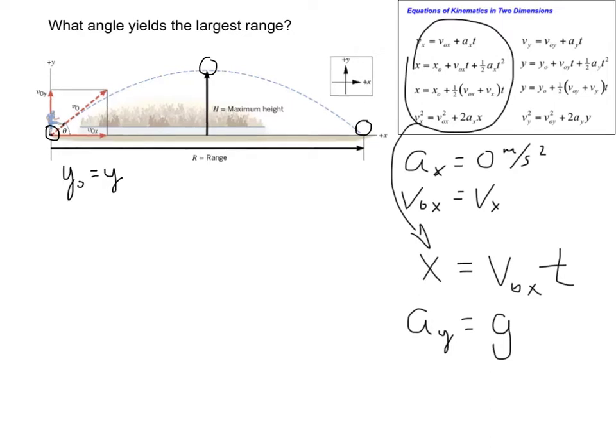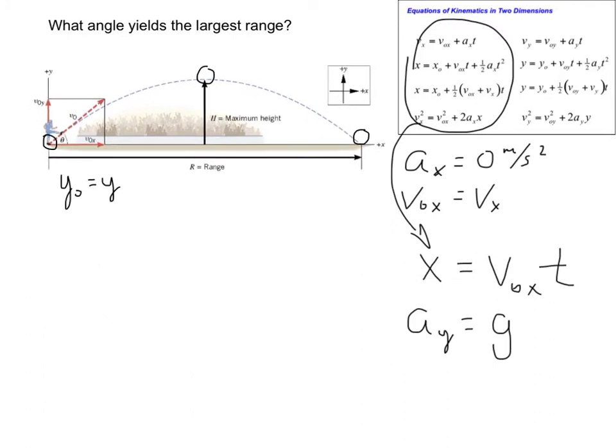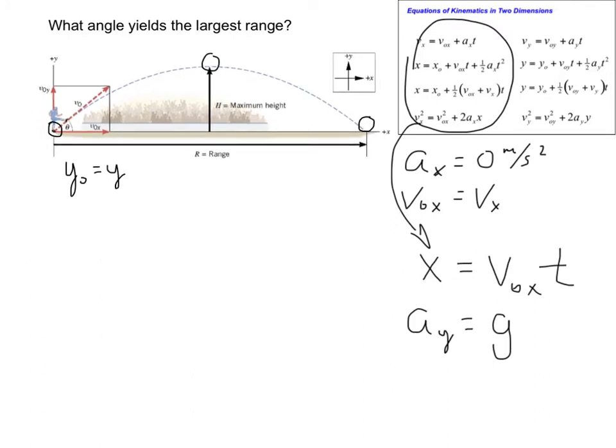We also know that if that's the case, your initial y velocity will have to be equal and opposite to your final y velocity. If the ball starts and ends at the same height, it will be going up with the same speed that it comes down with. This is a totally symmetric situation.